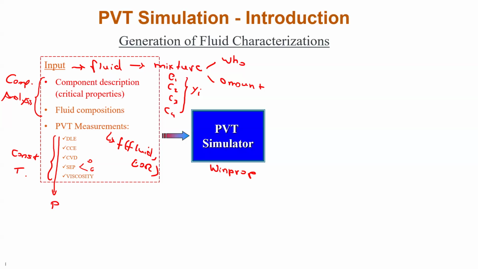But for lean gas, traditionally we use a correlation to calculate the viscosity, because correlations such as Lee-Gonzalez, this traditional correlation for gas, work very well for gas mixtures, especially dry gas, lean gas mixtures. For wet gas or for condensate gas, sometimes you need to run experiments to characterize the viscosity in the lab.